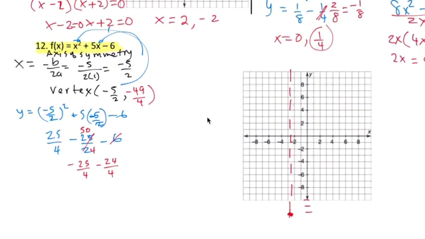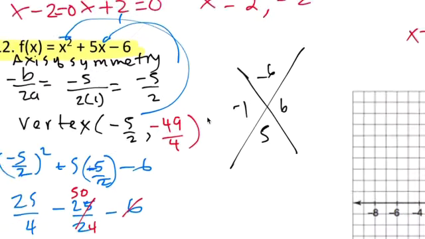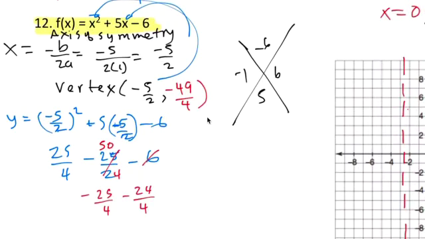Use the magical x to find a vertex. X, negative 6 and 5 here. 1 and 6, negative 1 is right there. So your x-intercept is x minus 1, x plus 6 equal to 0.